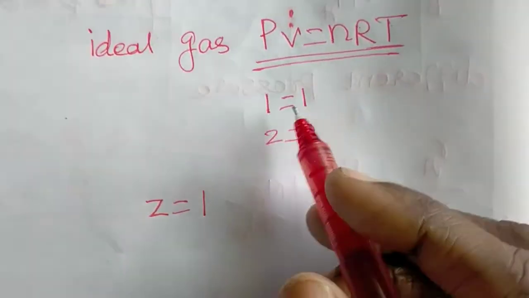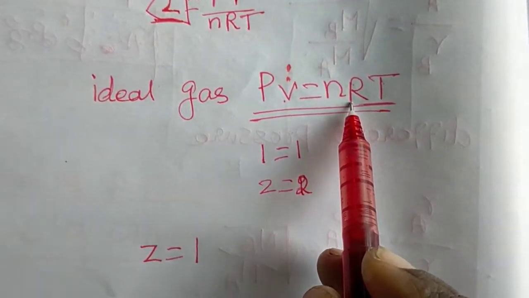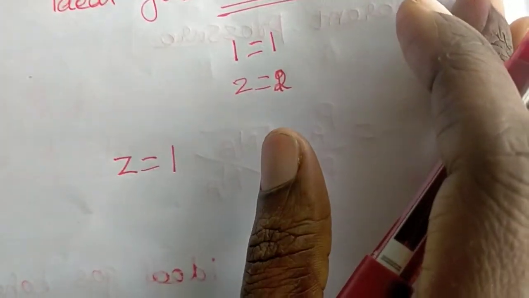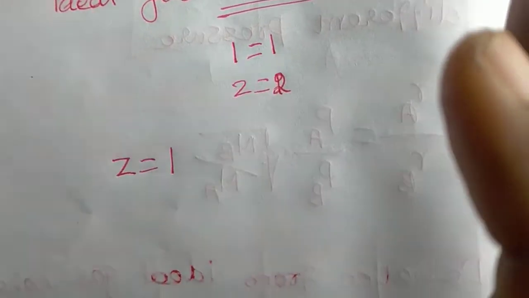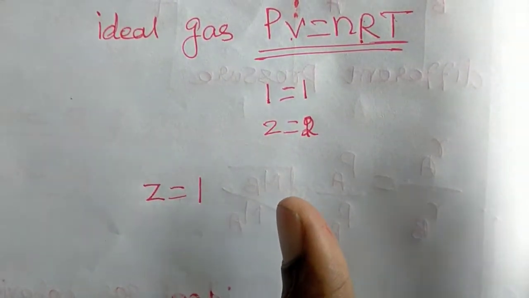Why is it 1? Because PV is always equal to nRT under all temperature and pressure conditions.